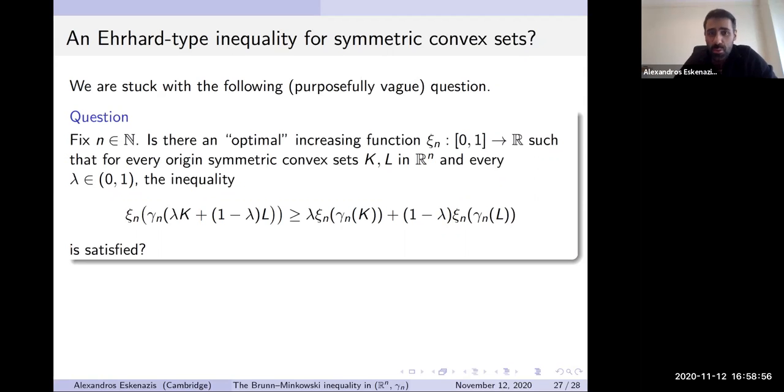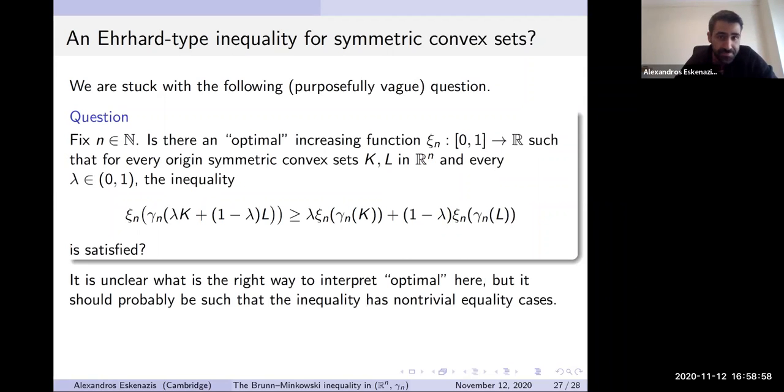But I think that the way to test optimality is for this at least to have some non-trivial equality cases. And there are very few things which I know about this question. One thing though is that the equality cases cannot be too trivial.